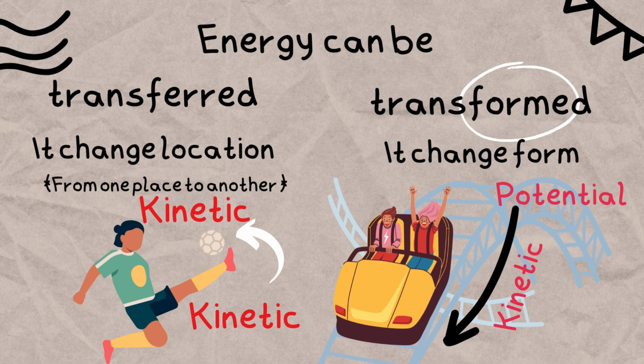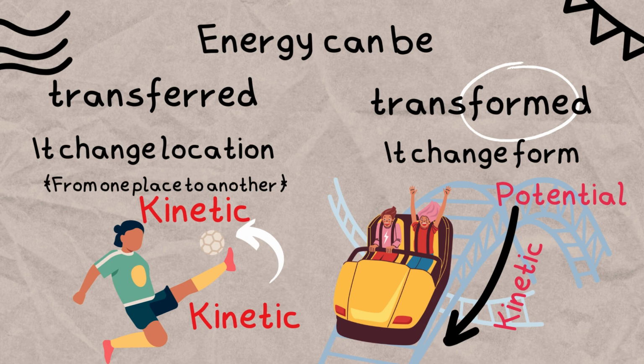As we know that energy can be transferred, and transferred means to change location. What is the meaning? The energy can move from one object to another, as we saw in the example of the player when he kicks the ball. So what happens? Yes, he is applying a pushing force, and this force transfers the kinetic energy from his leg as he moves his leg.